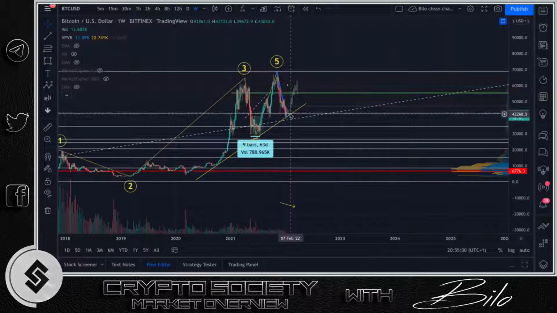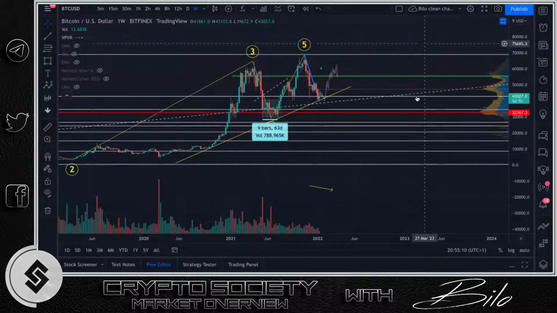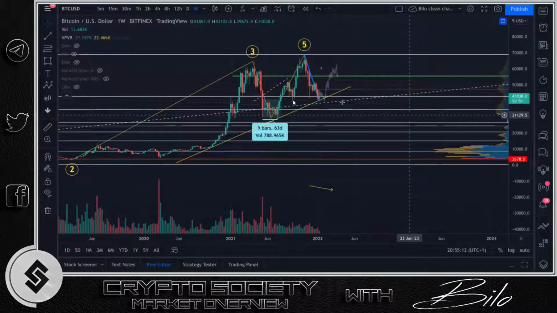If you look on the weekly, the higher low sits at 39,600, the previous weekly high low. I'm on the weekly right now. Okay, so it would be the red line along to the left, just before going up. Yeah, is that 39,600? I think that sits at.